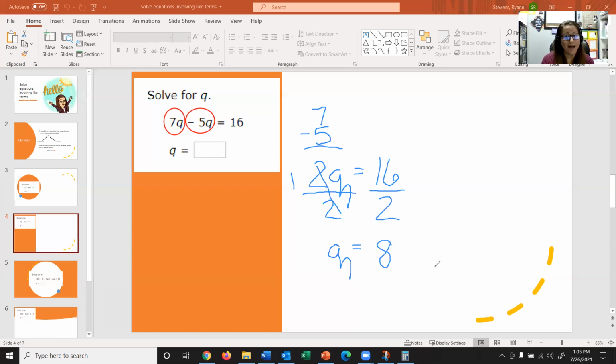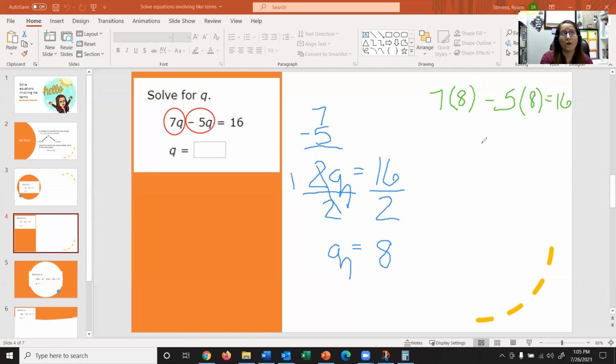Now, we can also go back and check our answer. I'm going to do this in a different color so we can see the difference between the check and the solving of the question. We would say 7 times 8, and then minus 5 times 8 should give us an answer of 16, right?